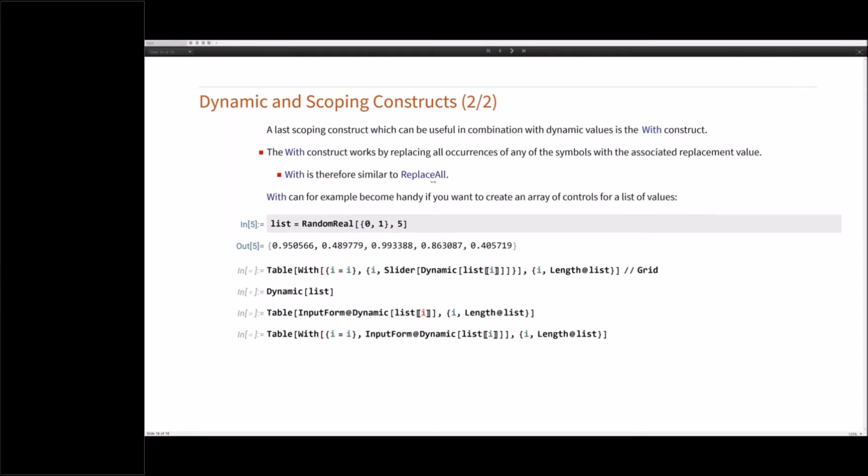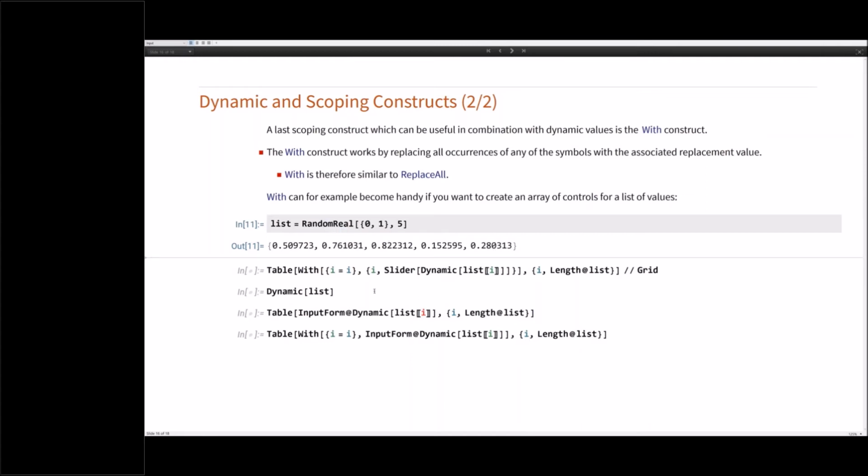The last useful scoping construct is the With construct. It's sometimes useful in order to work around the HoldFirst attribute of Dynamic. So consider, for example, you have a list of variables and you want to have individual controls for each of the elements of this list. How could you do this?